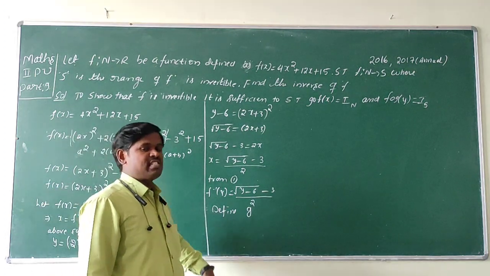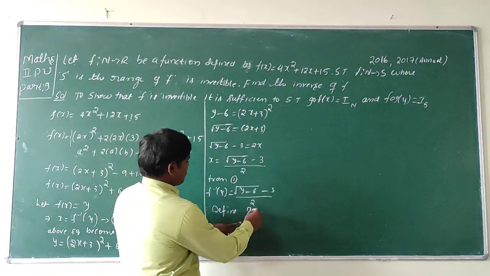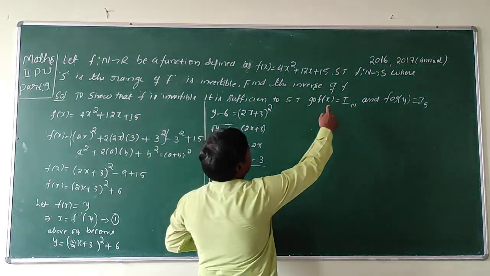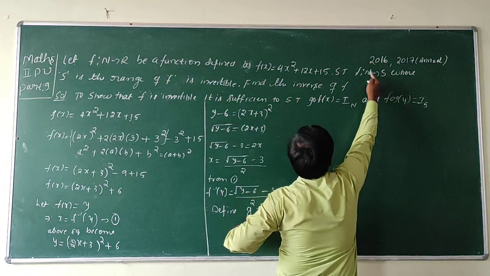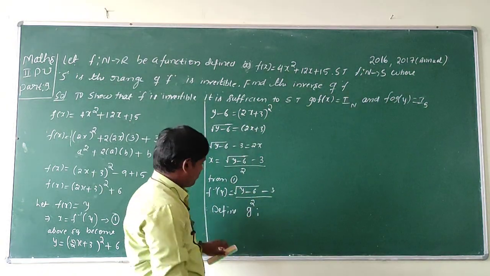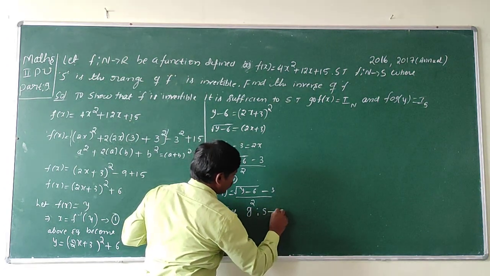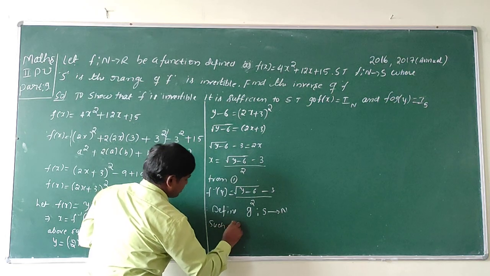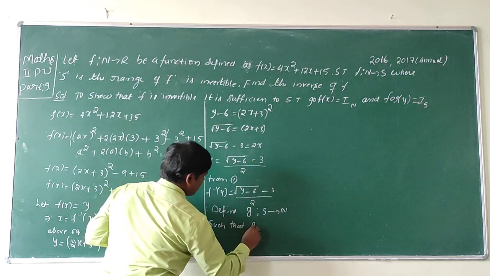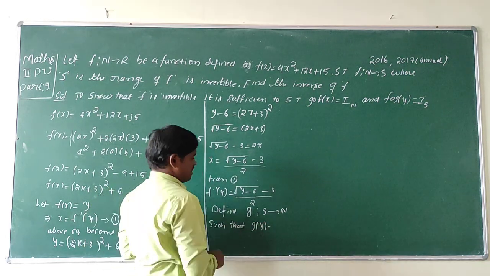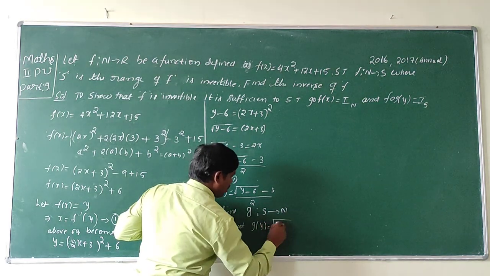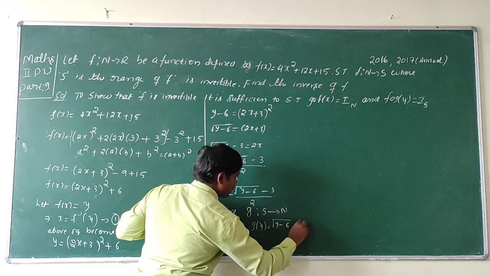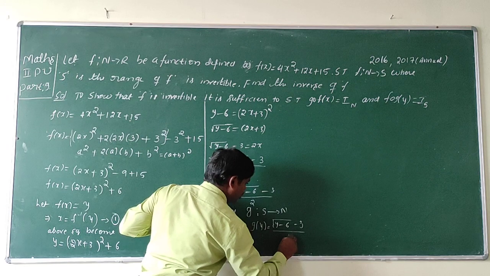Just assume that f is mapping from N to S, so g is mapping from S to N such that g of y is equal to root of y minus 6 minus 3 divided by 2.